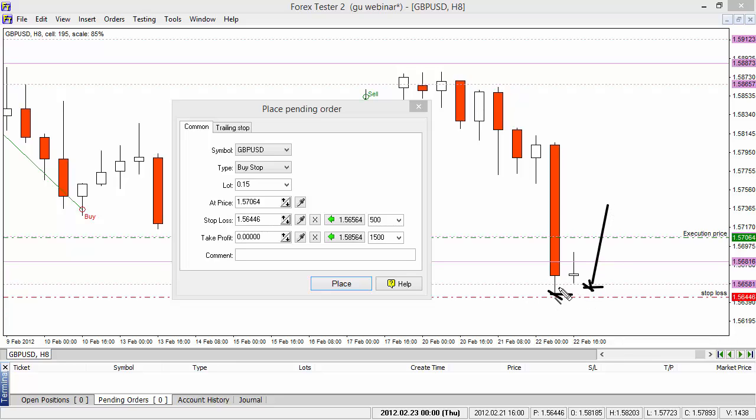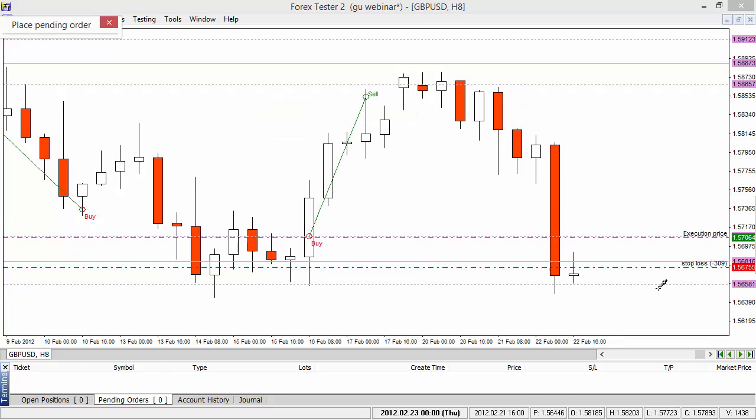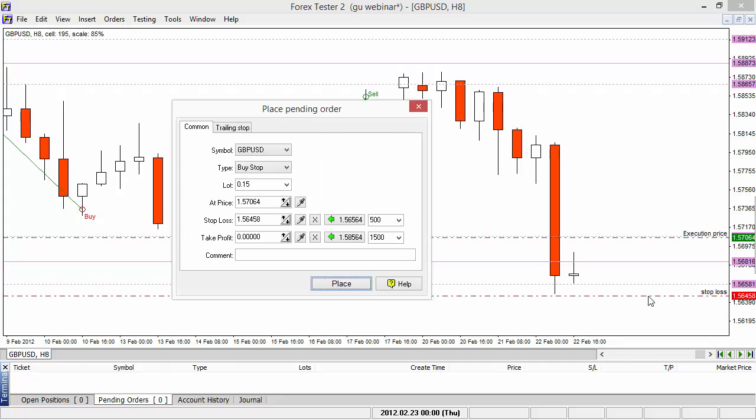Because price has been down to here recently, I want to put my stop loss just below there. So to take out my stop loss, sellers have to make a new low. It's just that little bit of extra protection. So a stop loss of 60 pips. Oh, wait, I just want to double check. That was 60 pips. Okay.